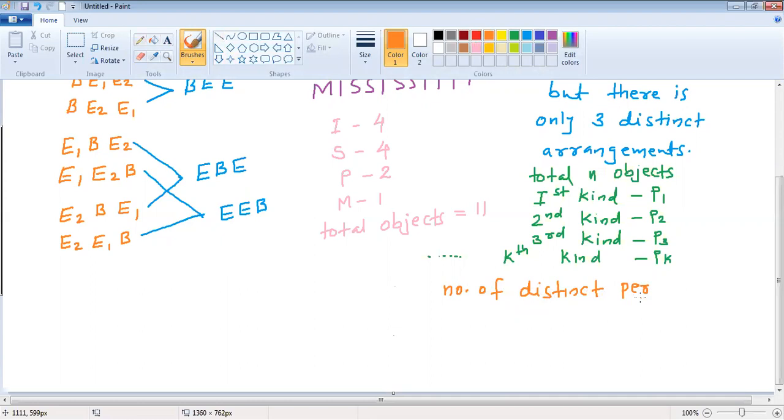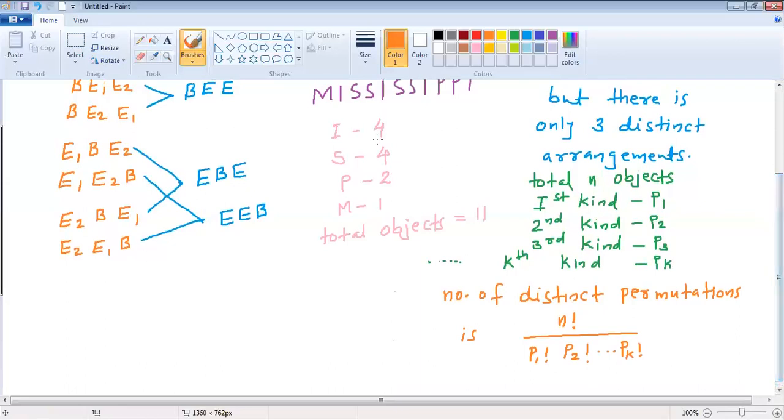If you take all the items, if there are n objects, totally n factorial permutations are there, but the number of distinct permutations is n factorial divided by P1 factorial into P2 factorial into etc. Pk factorial. This is the formula to find the number of distinct permutations when the items are repeating.